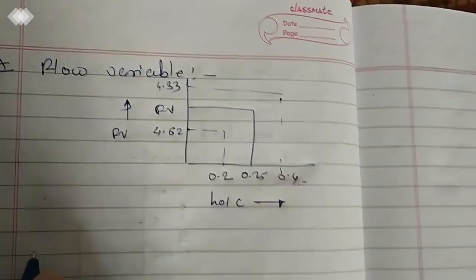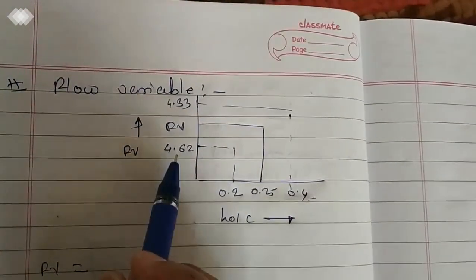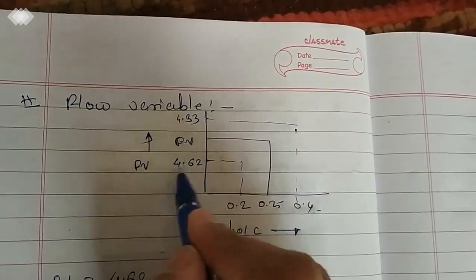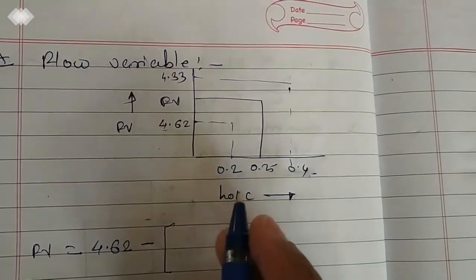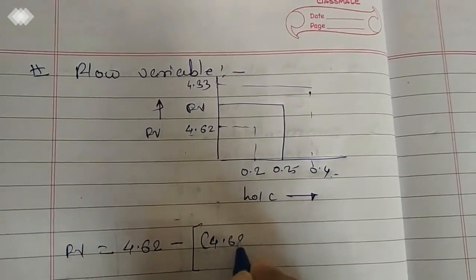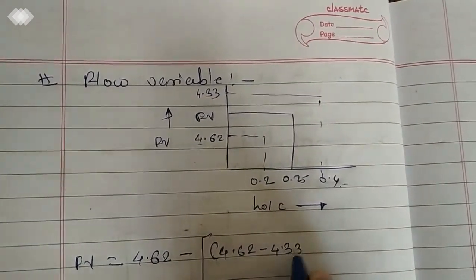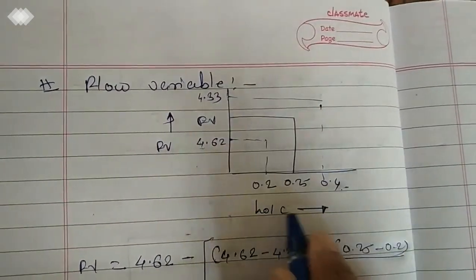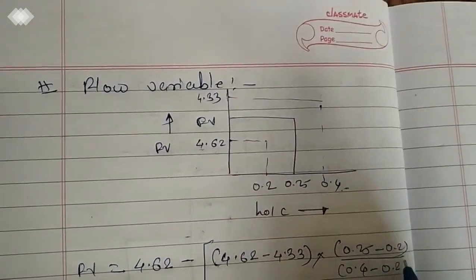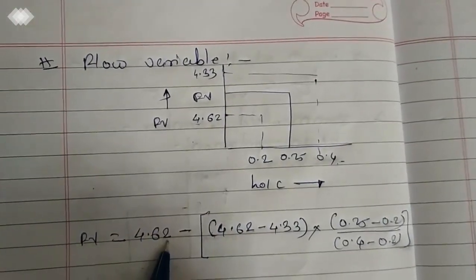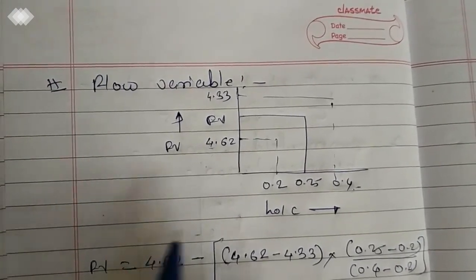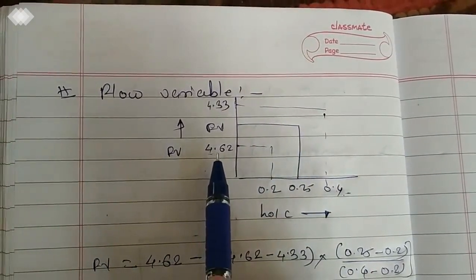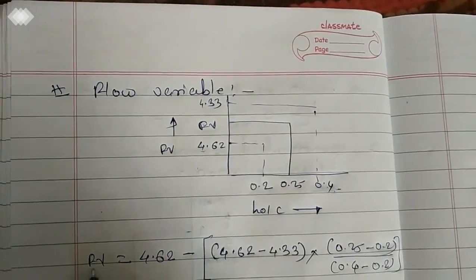So the formula for interpolation becomes: flow variable is equal to upper limit 4.62, that is the upper value of the flow variable, minus (upper value minus lower value) multiplied by (0.2, middle value minus lower value), and this remains as it is, 0.4 minus 0.2. The only change is that when we have an increasing value on one side and decreasing values on the other side, we take the interpolation this way.